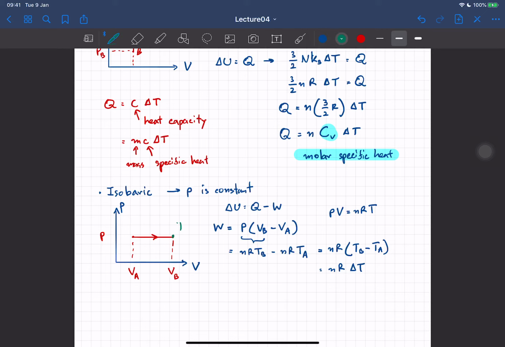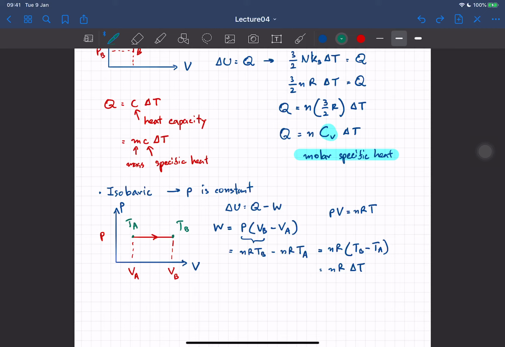TB is the temperature at this point, TA is the temperature at this point. So the work done is the area under the curve, and also equal to nR times delta T for this particular process.